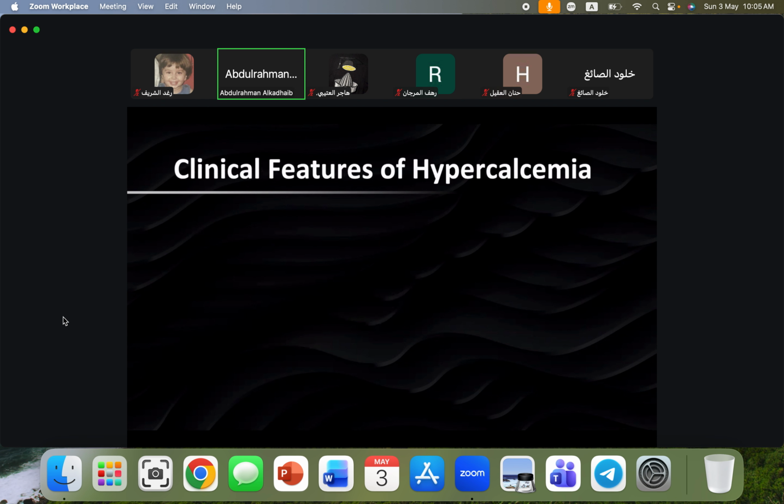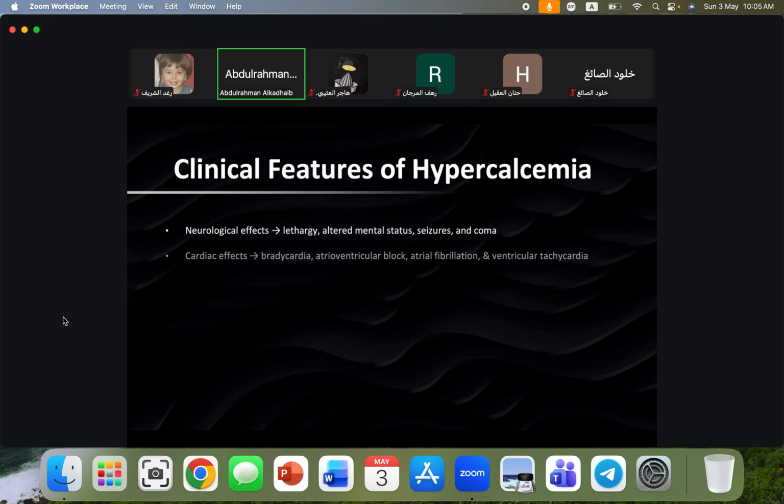So clinical features of hypercalcemia. The calcium electrolyte disorders may actually cause some unique clinical features compared to the other electrolyte disorders. For example, hypercalcemia may cause severe CNS symptoms such as seizure or coma, and may cause some cardiovascular complications such as bradycardia, AV blocks, or ventricular tachycardia.